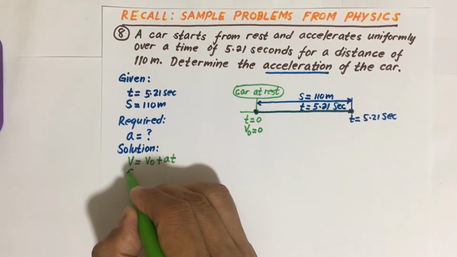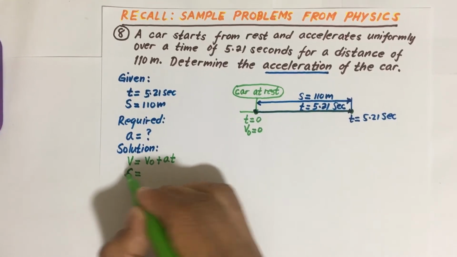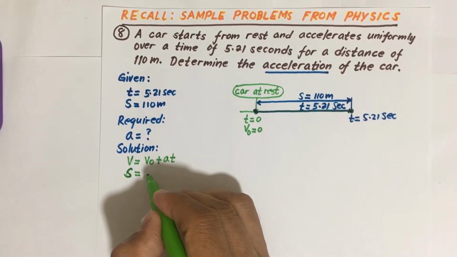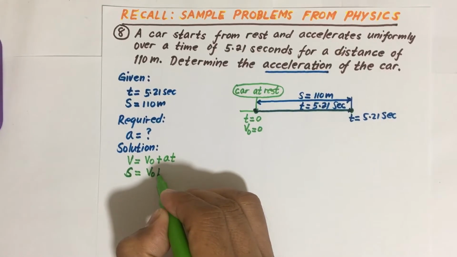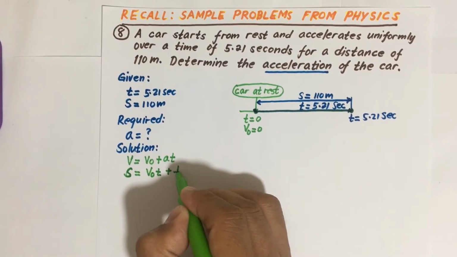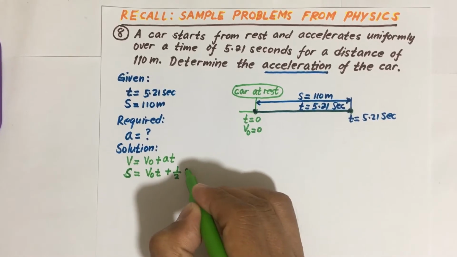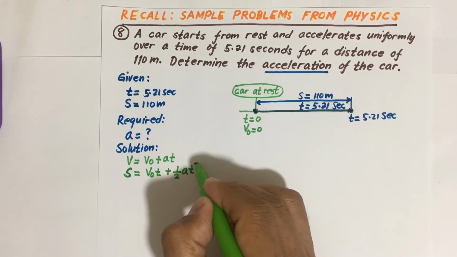And displacement s is equal to initial velocity v sub 0 multiplied by the time, plus 1/2 times the acceleration multiplied by the square of the time.